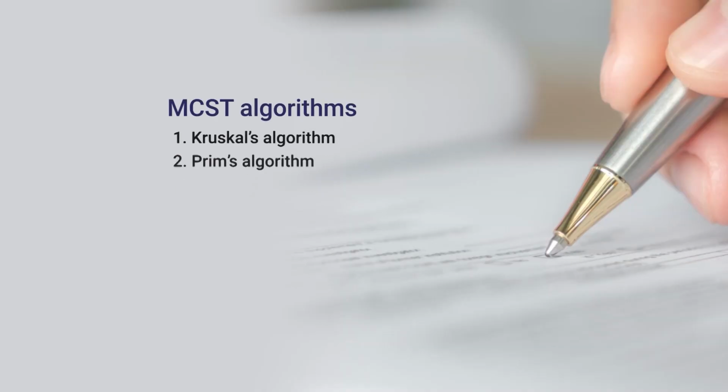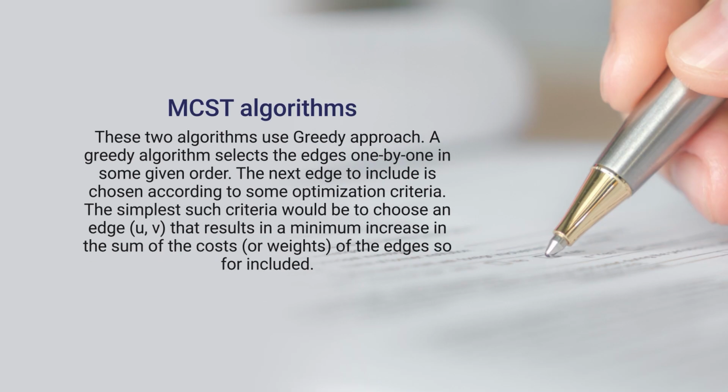Now, there are two ways to find the minimum cost spanning tree. The first way is referred to as Kruskal's algorithm. Another way is referred to as Prim's algorithm. Both of these algorithms are based on greedy approaches. Greedy approaches select the edges one by one in some order.